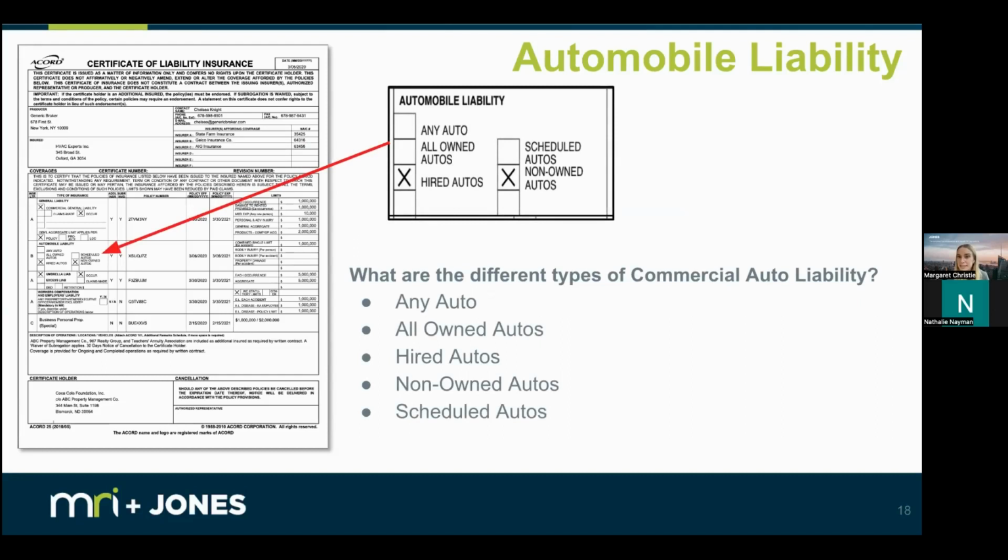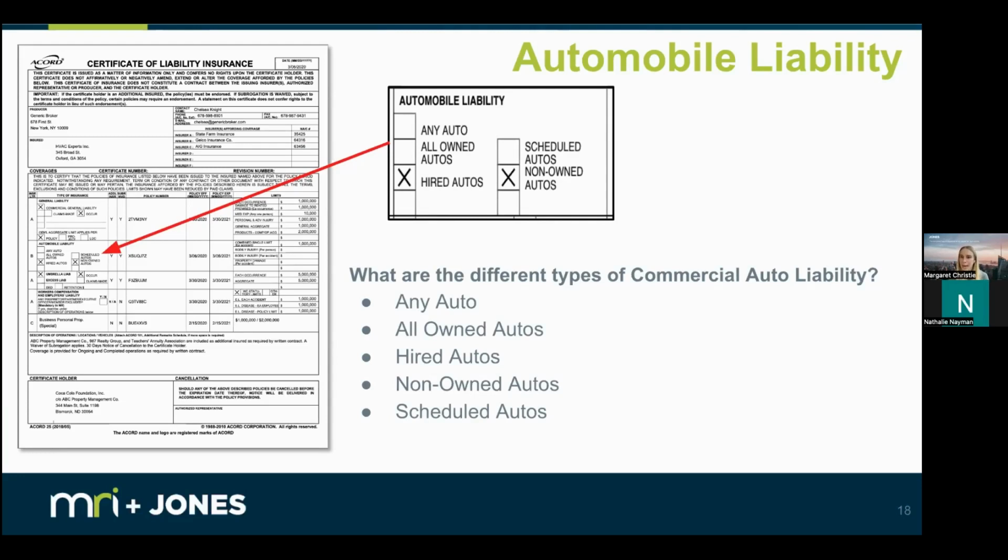So as you can see, this COI has coverage for hired autos and non-owned autos. I'm going to quickly explain what each of these categories mean so that you will know. This is actually a question I get a lot here at Jones, the different types of automobile liability insurance. So the first one is going to be inclusive of all the rest. Any auto means any automobile that this vendor, tenant, contractor, or subcontractor is operating on your property is going to be covered.